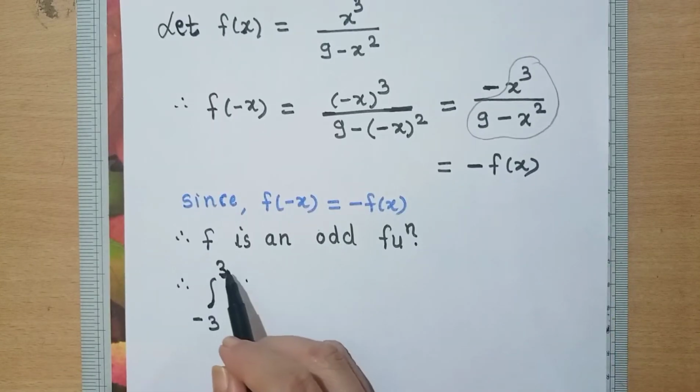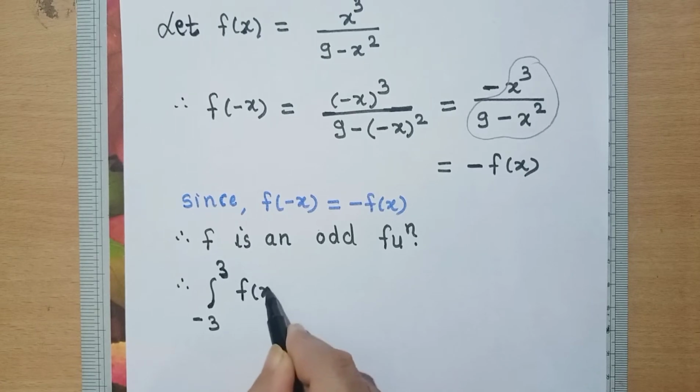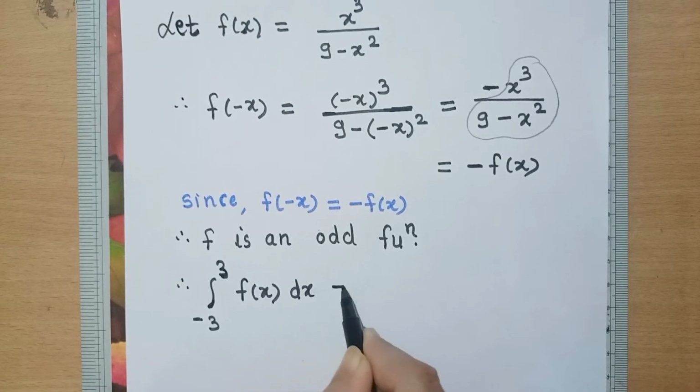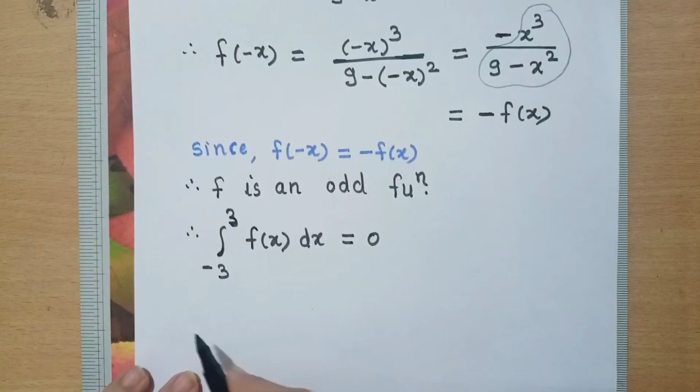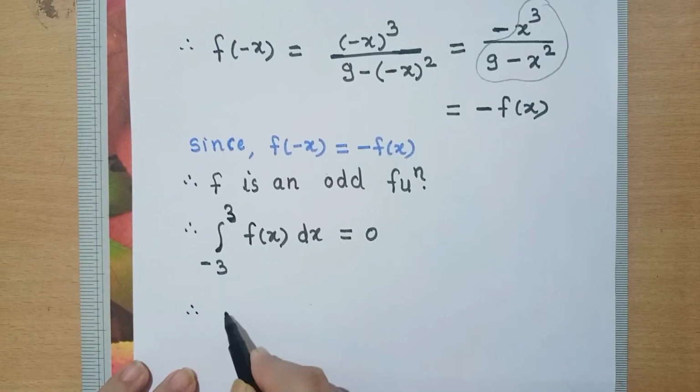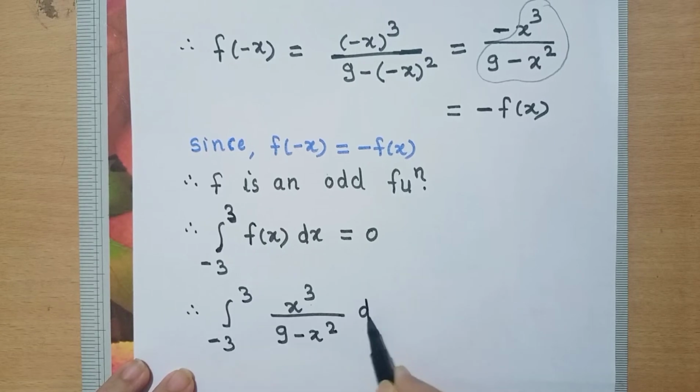Therefore integration from minus 3 to 3 of f(x) dx equals 0, and therefore the value of the given integration, that means minus 3 to 3, dx, is 0.